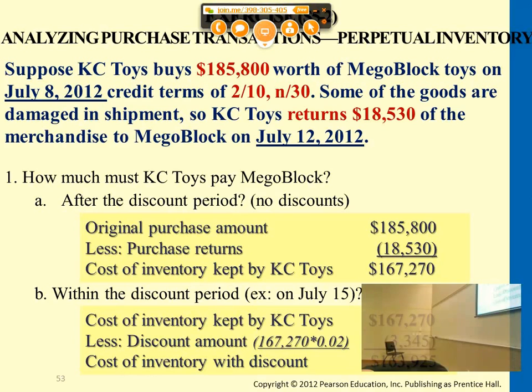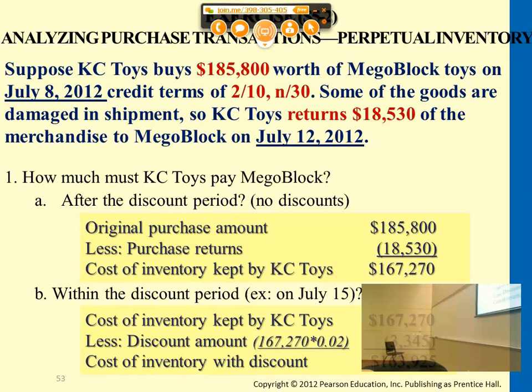Remember that you have the original purchase amount, and if you do an inspection very quickly after receiving the goods, usually within a week after the company receives the goods, and you realize part of the inventory is not what they ordered, or it's possibly damaged, not useful for their store or their target customers, then you reduce that amount.